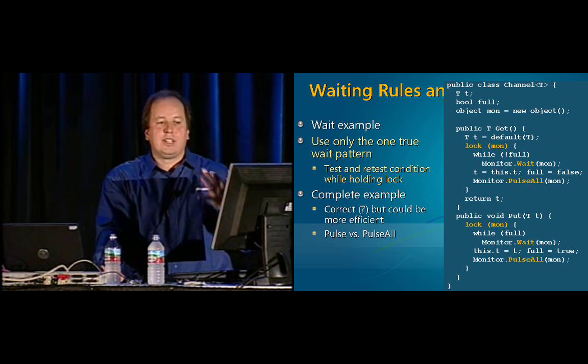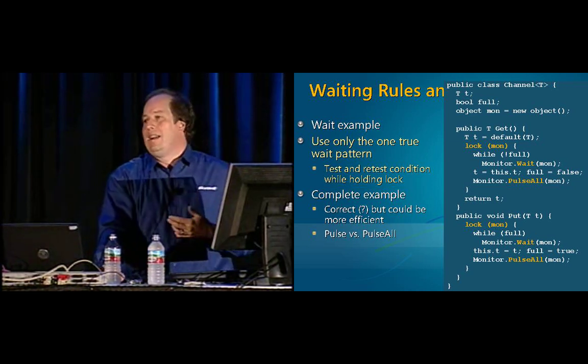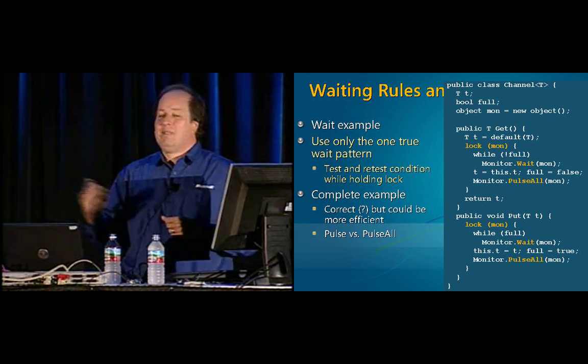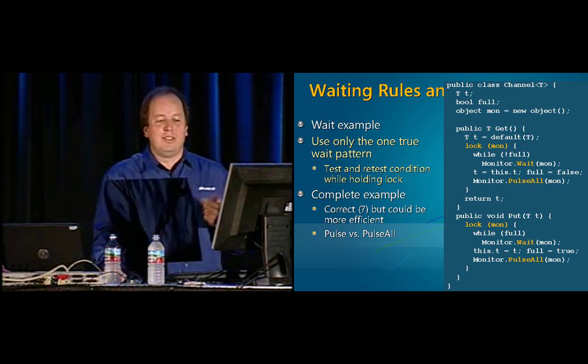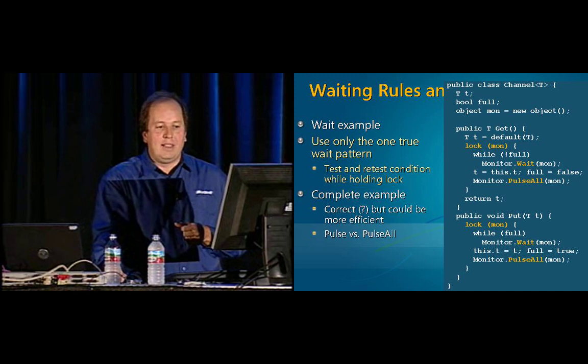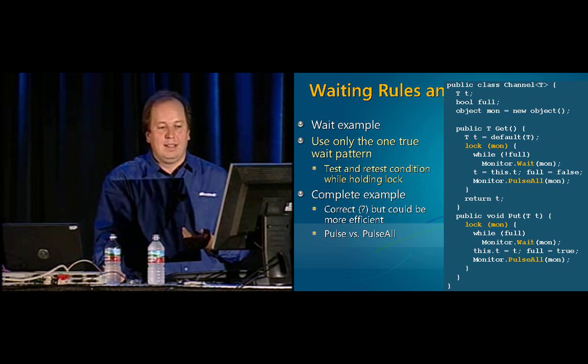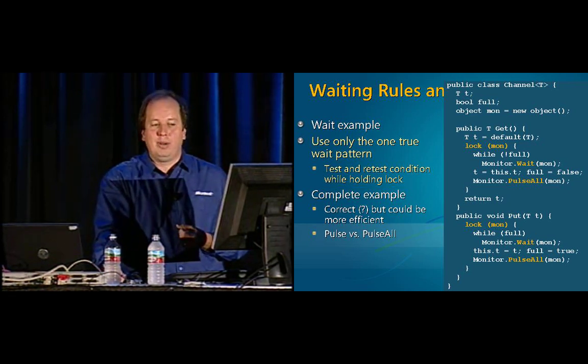So here's the complete piece of code for that channel that correctly works, I claim it's correct, for multiple readers and multiple putters and multiple getters. We see that even on the get path, having waited for there to be an item to get and taking the item and clearing the full flag, it's still necessary to wake everybody up, to wake up any putters that are waiting so that they can proceed and put another item.